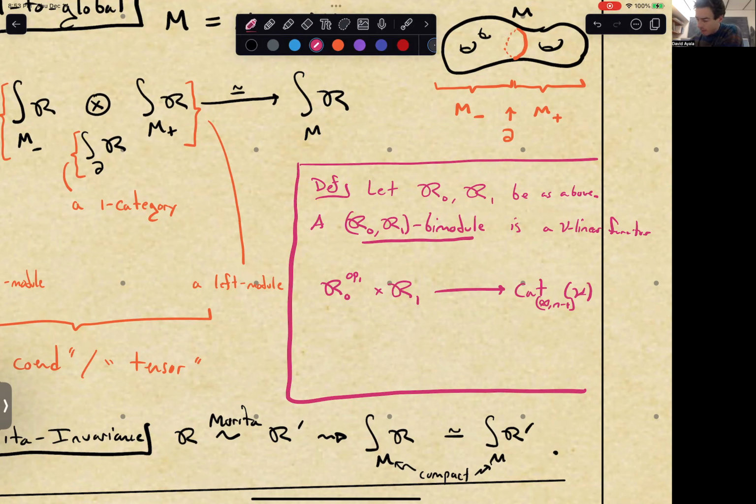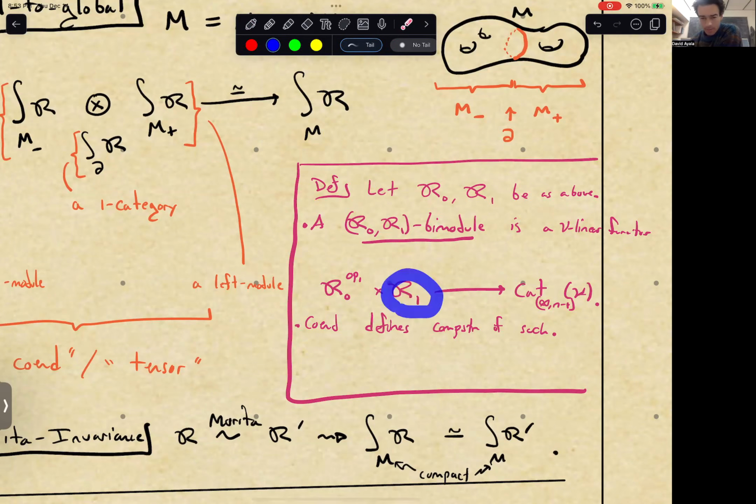And these can be composed. So a coend defines composition of such. So given an R0, R1 bimodule and an R1, R2 bimodule, you can take a coend over the intermediate R1 to get an R0, R2 bimodule.